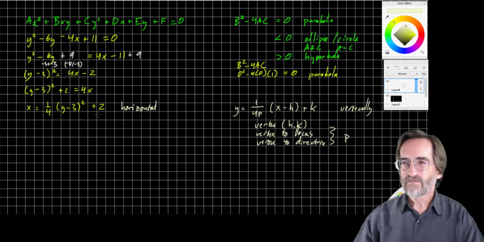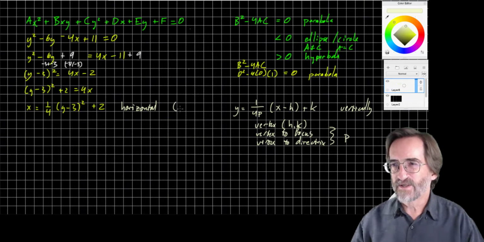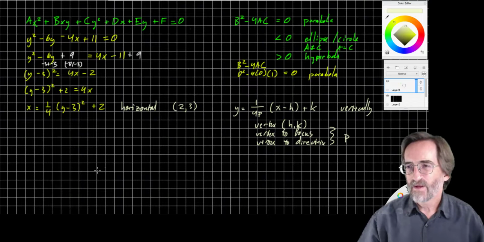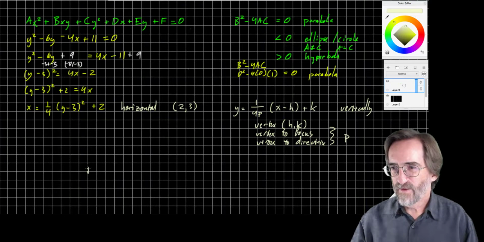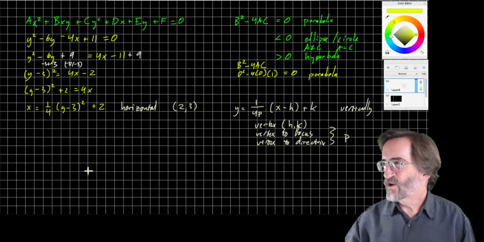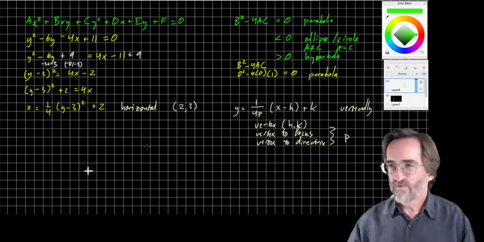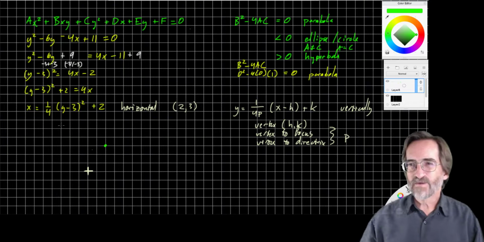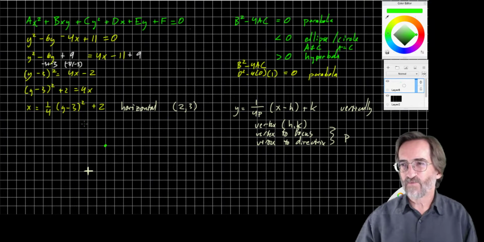And the vertex is at 2 in the x direction and 3 in the y direction. So here's how we graph it. We're going to go to the vertex, 2, 3. That's the vertex.